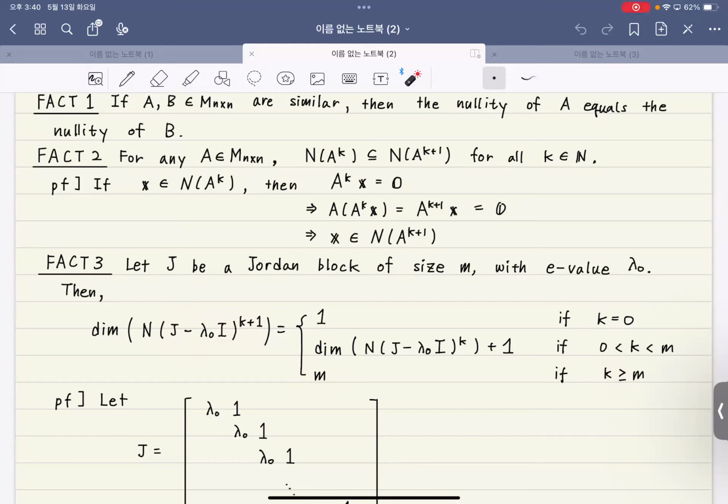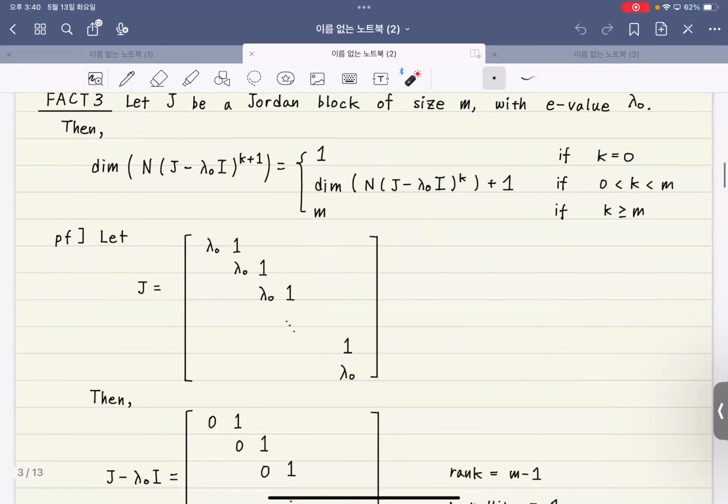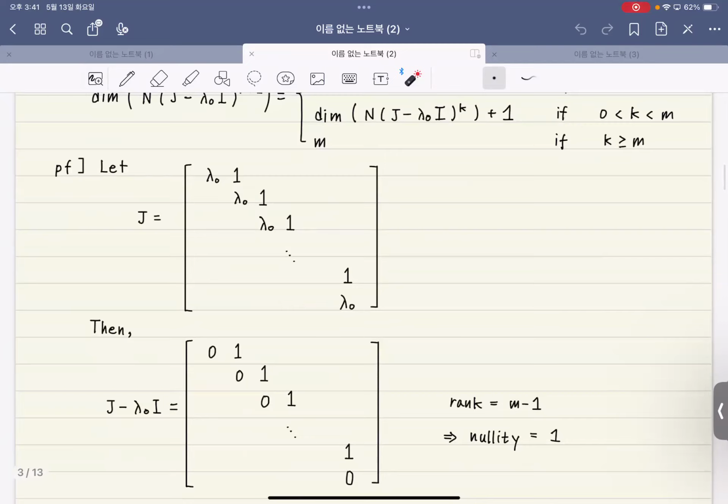Okay, so let me try to prove this. This is my Jordan block. Let me say this is an n by n matrix with a single Jordan block. I have a bunch of lambda zeros on the diagonal and ones above it. And J minus lambda 0 times I is going to be this, right?